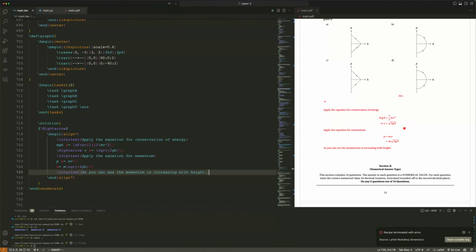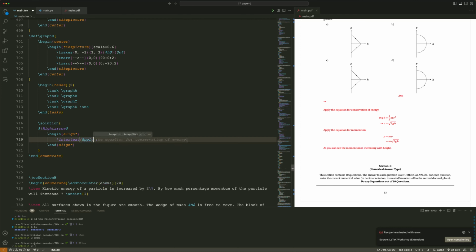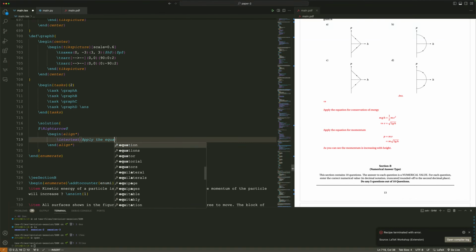I don't know. Let's apply the basic equation of motion. That will be much simpler. Apply the equation of motion for the ball, which is v square is equal to u square plus 2gh.